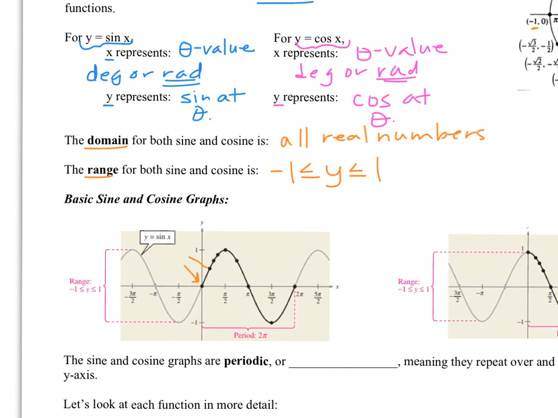And then that first dot represents the output at pi/6, or 30 degrees. The second dot represents 45 degrees, or pi/4. The third dot represents pi/3, or 60 degrees. And then notice at the very top of that curve, we're at pi/2. So the input values are coming from the inputs on the unit circle.